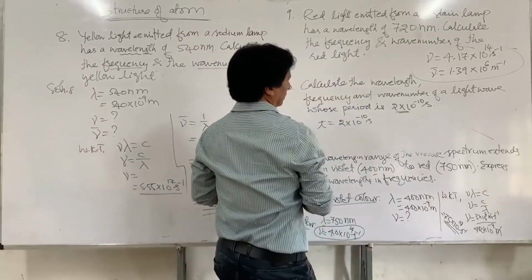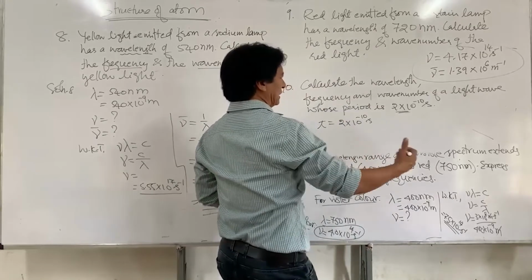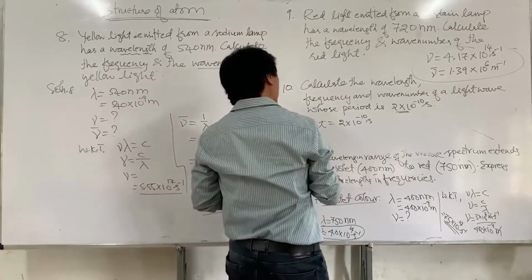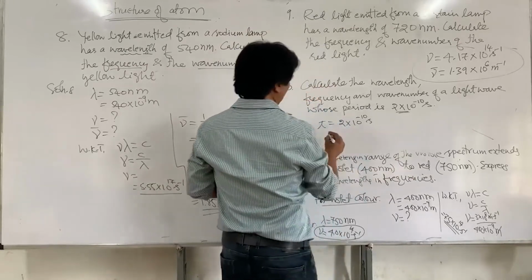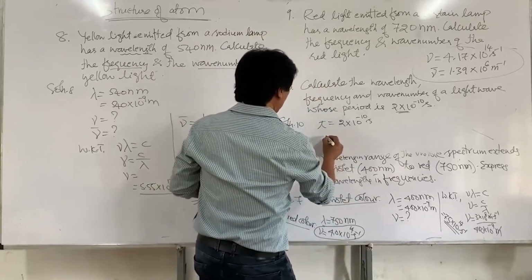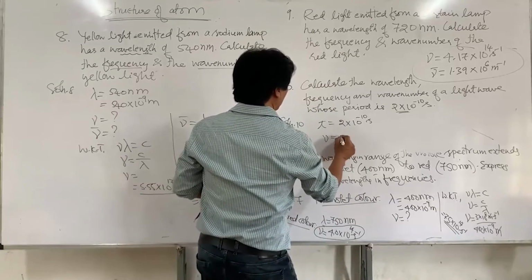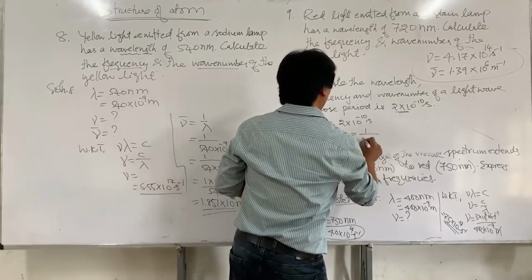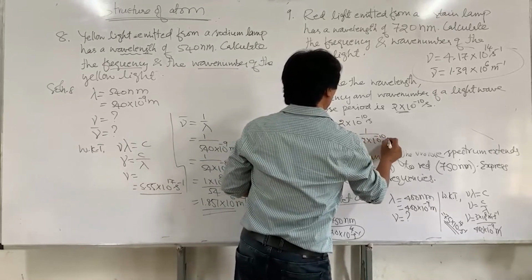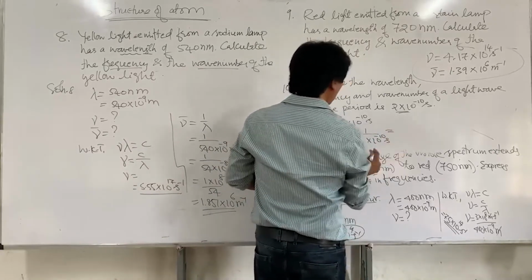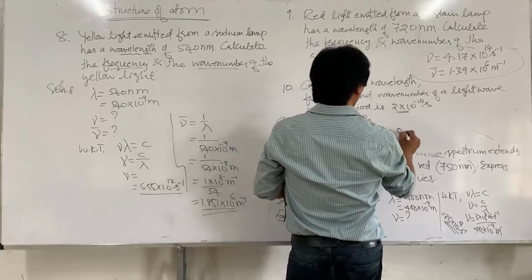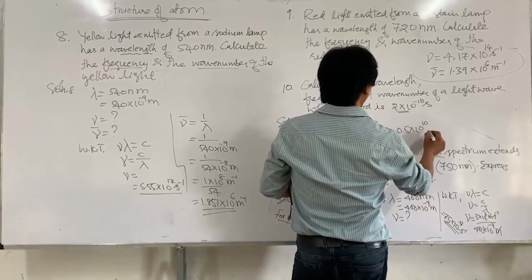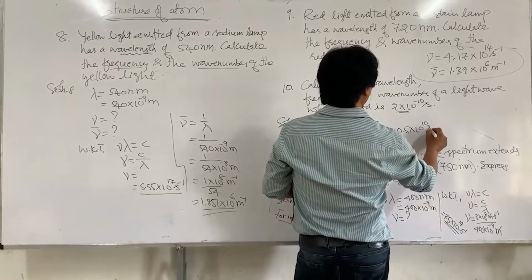This is something interesting. Frequency is actually the reciprocal of time. So your frequency nu is equal to 1 by time, which is 1 by 2 into 10 raised to the power minus 10. This is equal to 0.5 into 10 raised to the power 10 per second.